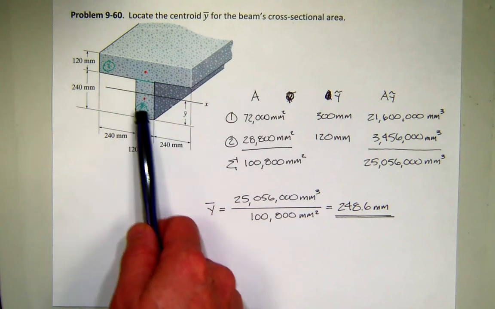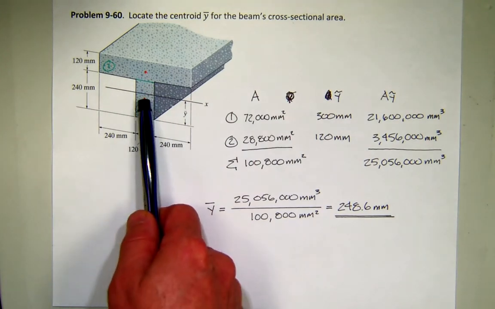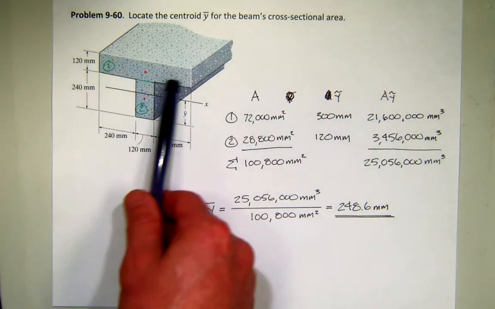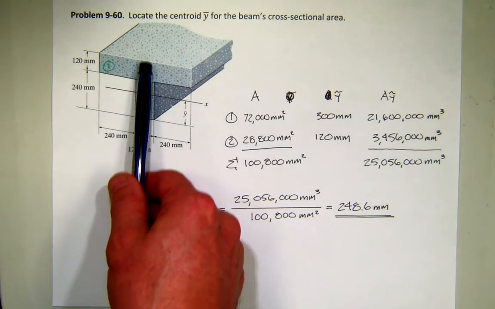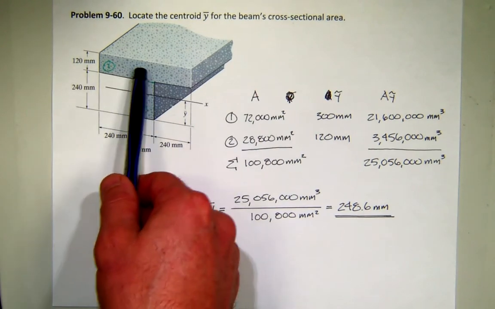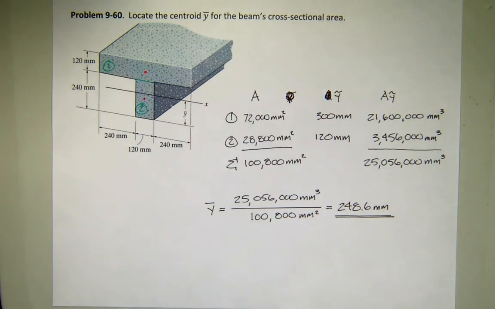So we know the centroid of a rectangle is half the height. So I went half the height, which is half of 240, which is 120. Then I also know the centroid for section 1 was midway in its height. So midway of 120 is 60, but then I have to come the other 240 down to the reference point. You see that?